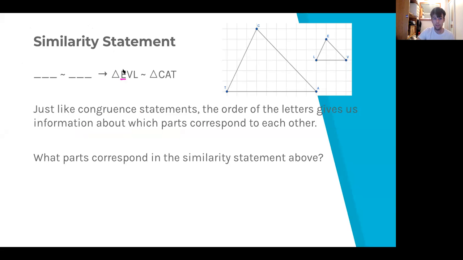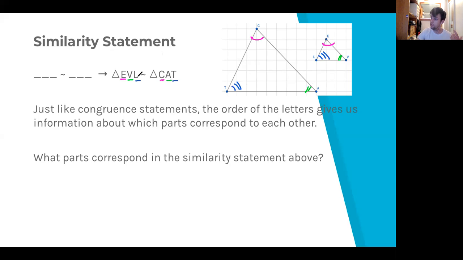So for instance, angle E and angle C have to be corresponding and congruent to each other if these indeed are similar triangles. So angle E and C. We don't even need the picture to do that. We can just get that from the statement. And then also V and A, and then our last set here, L and T.